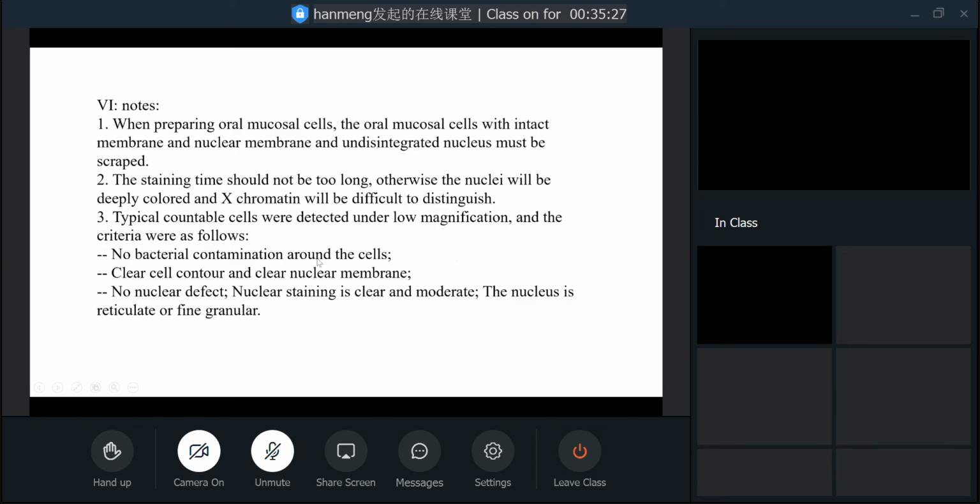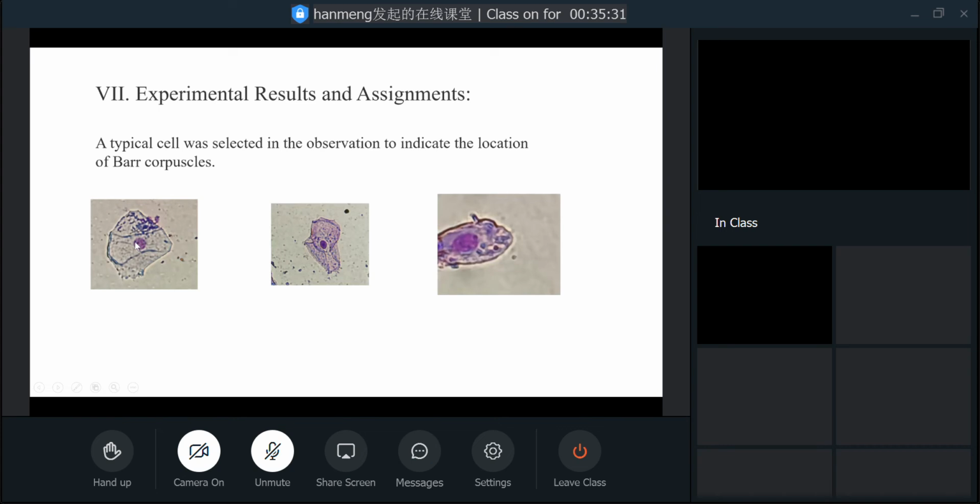So this one is the Barr body. In the second picture, the Barr body is not easy for you to observe. Around here is the Barr body. And in the third picture, here is the Barr body.